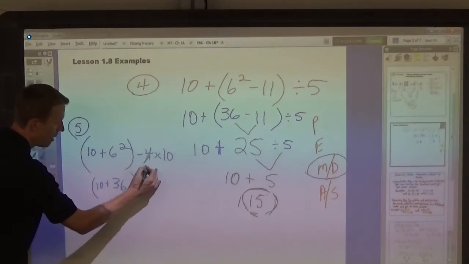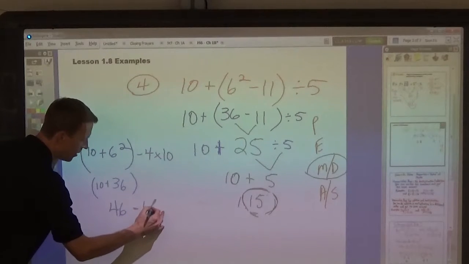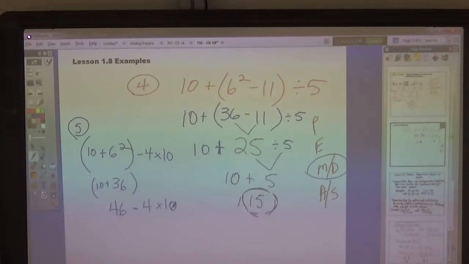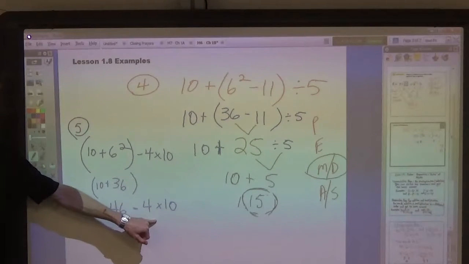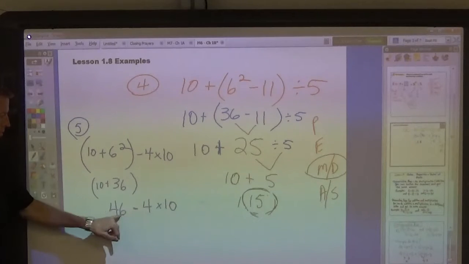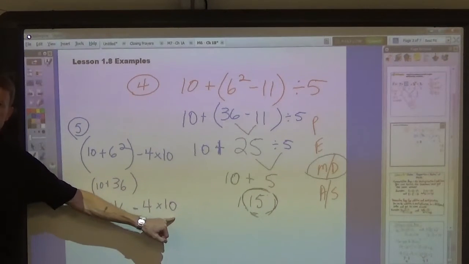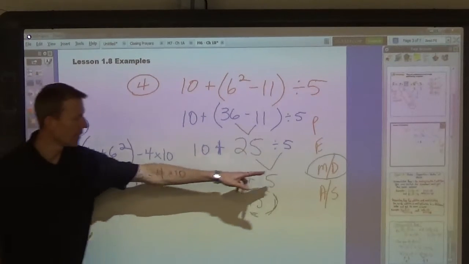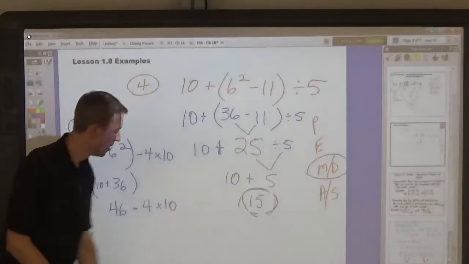Now, we can bring down the rest of this. Minus 4 times 10. Now, should we do 46 minus 4? Abby, what should we do next? Do 46 times 10. Do 40, you mean 4 times 10? Oh, yeah. Yeah, 4 times 10, because that's part of step 3.